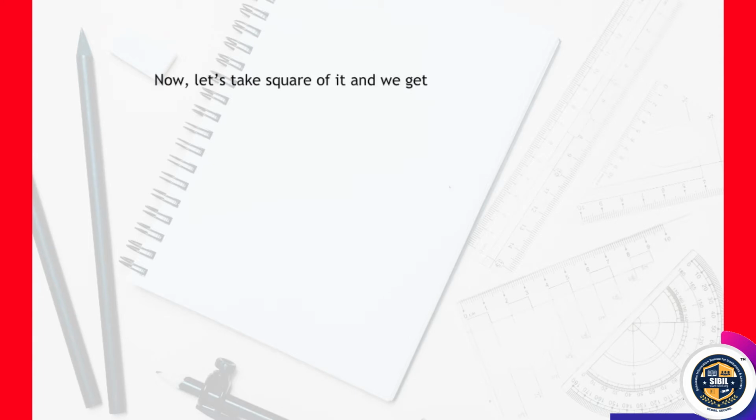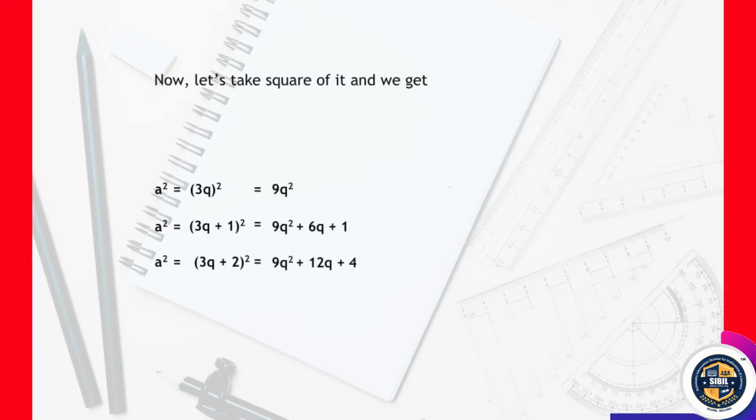Now let's take the square of it and we get a square is equal to (3q) whole square, (3q plus 1) whole square and (3q plus 2) whole square. So a square becomes 9q square, 9q square plus 6q plus 1 and 9q square plus 12q plus 4. Let's simplify this further.